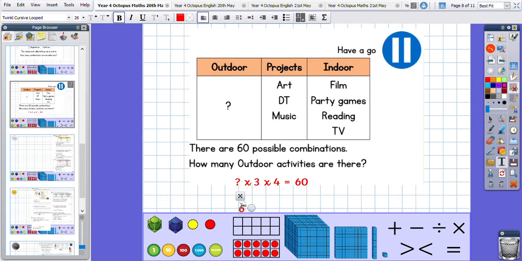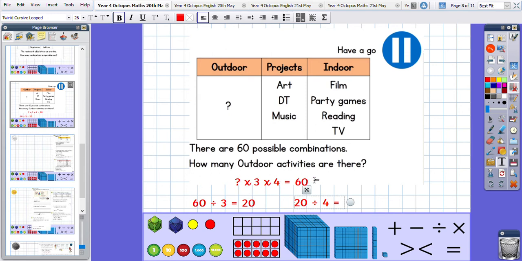So we could do 60 divided by 3 to start off with. So we know 6 divided by 3 is 2, and we can pop our 0 back on the end. And then we need to continue to do 20 divided by 4 to find out our missing number.